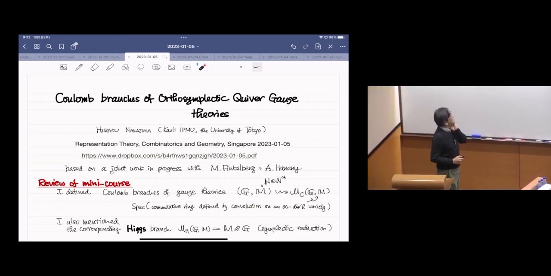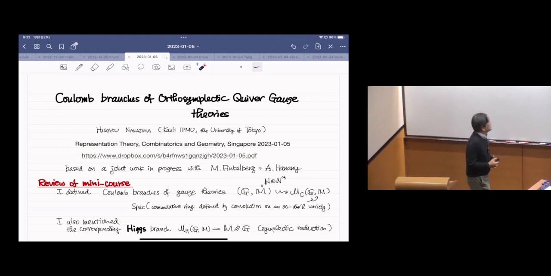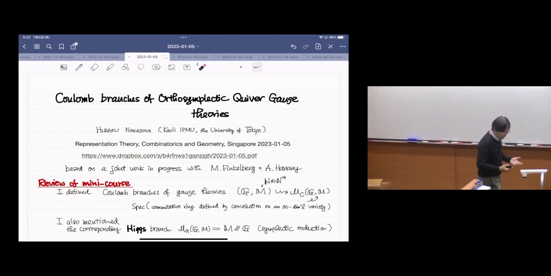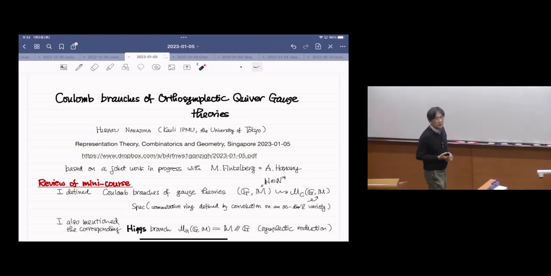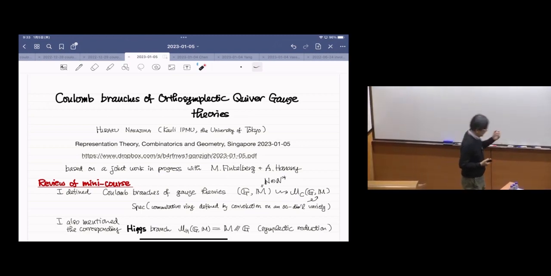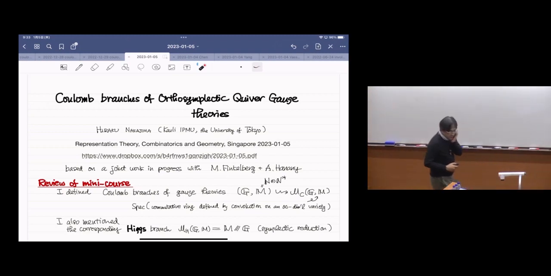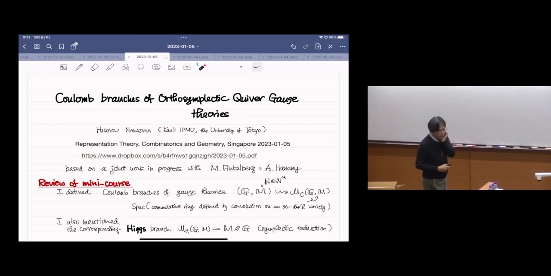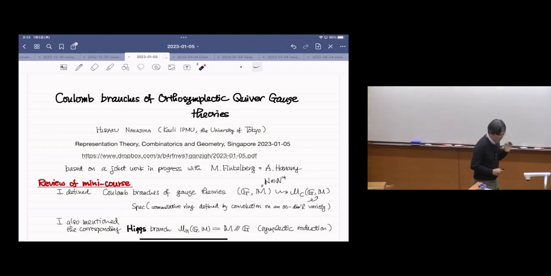And this commutative ring is defined by using convolution product on some infinite dimensional variety. So except this is infinite dimensional, the construction is very similar to what Eric explained yesterday. And one big difference is the ring which you define by convolution product is non-commutative usually, but in this special case, you get a commutative ring. So this is something special.